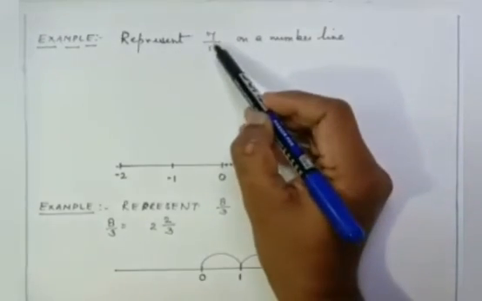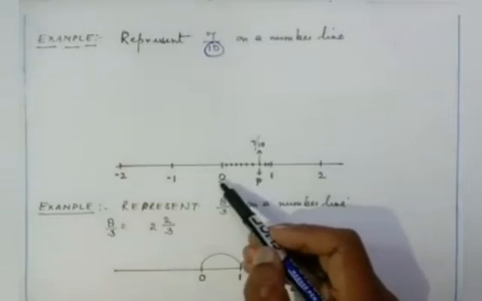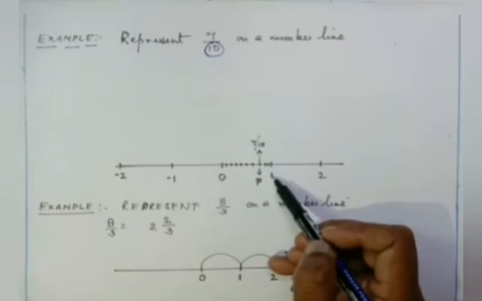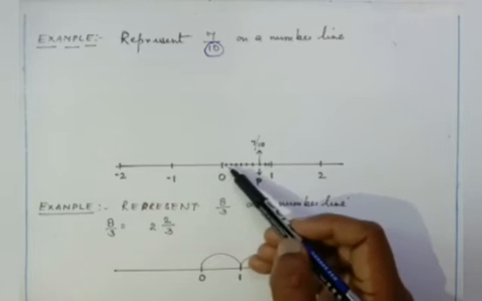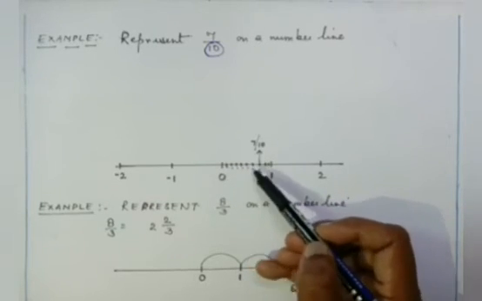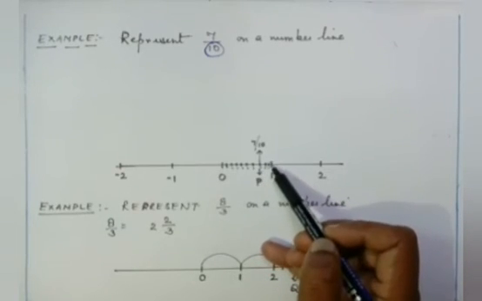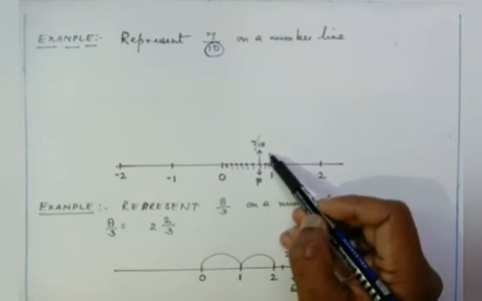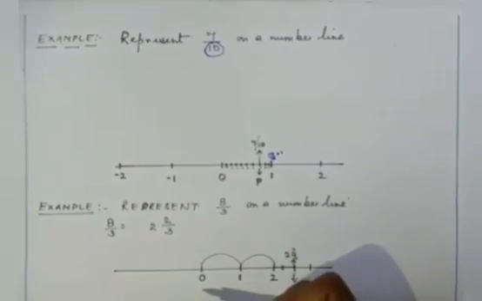Now you have to see the denominator. It is 10. So between 0 and 1 you have to make 9 parts. Why? Because this is 1, 2, 3, 4, 5, 6, 7, 8, 9 and this one is 10. Why am I drawing 9 parts? Because 10 upon 10 is equal to 1.